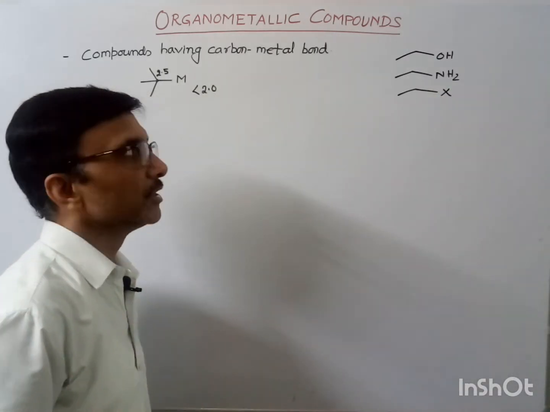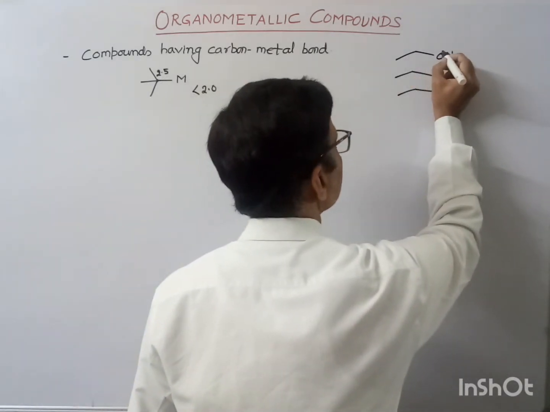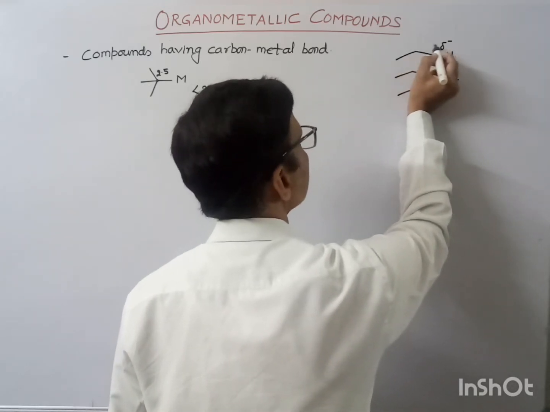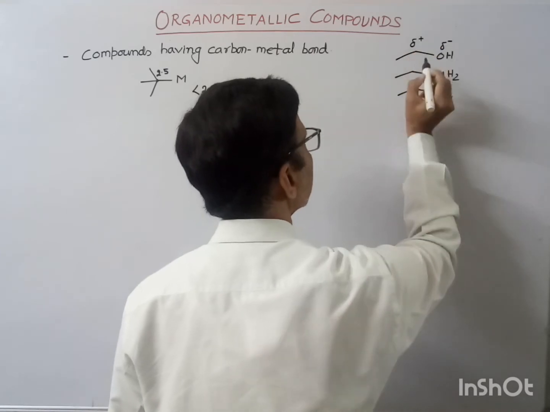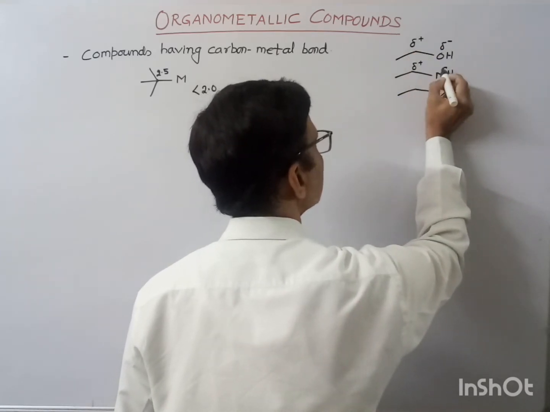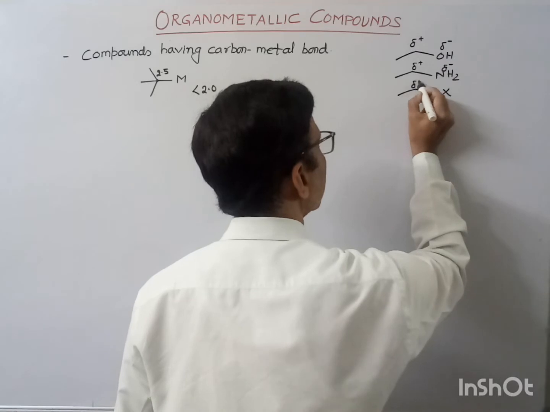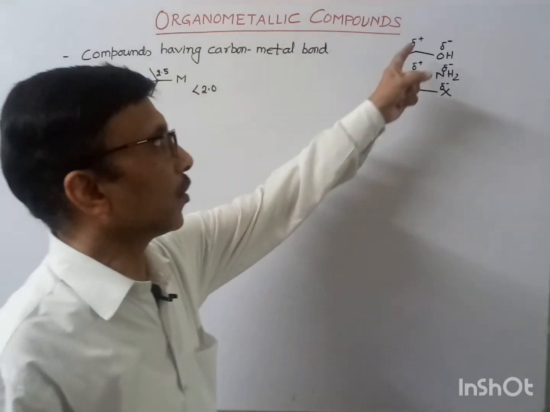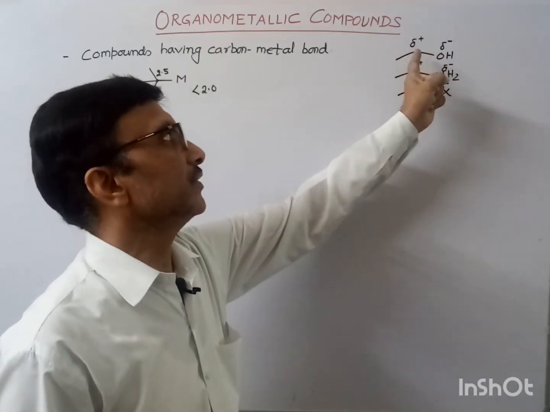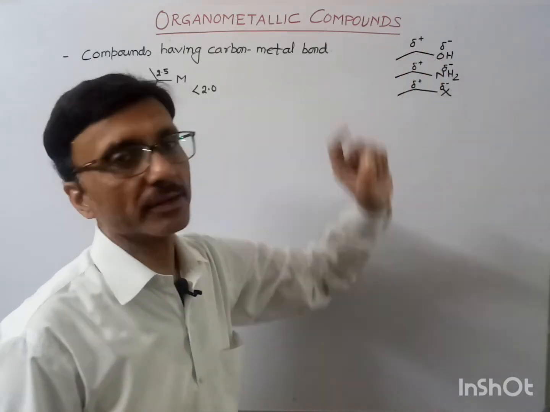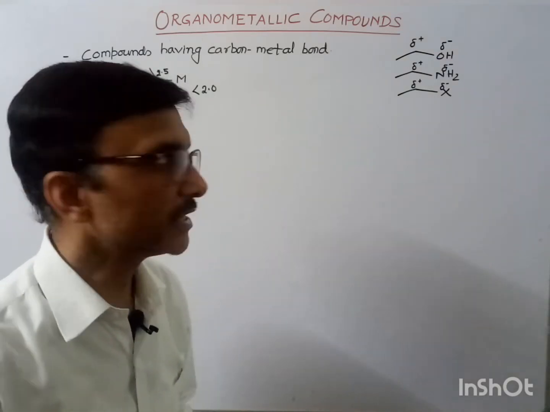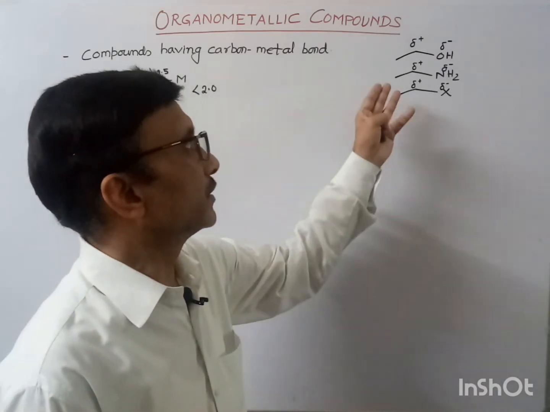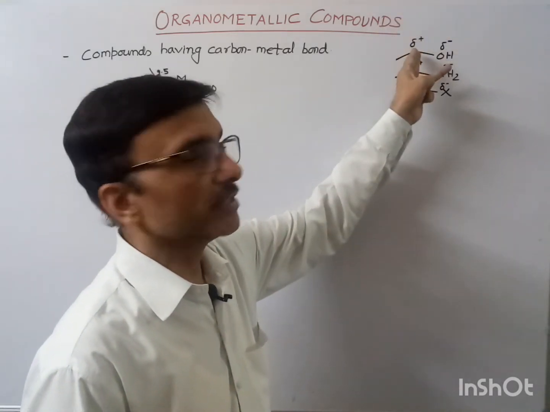Here all these atoms are electronegative atoms, and the carbon is attached to a more electronegative atom: here to oxygen, here to more electronegative nitrogen, here to a more electronegative halogen atom. In all such compounds, this carbon is an electrophilic center or electron deficient center, so the nucleophile may attack this carbon.